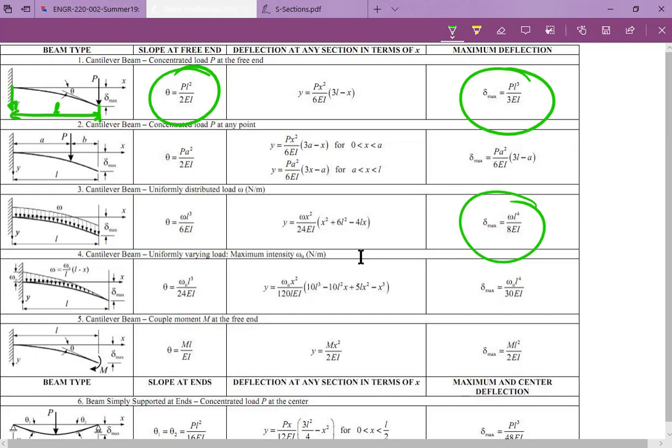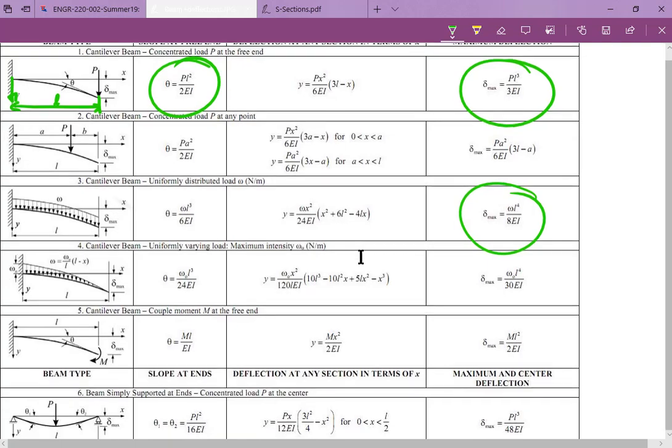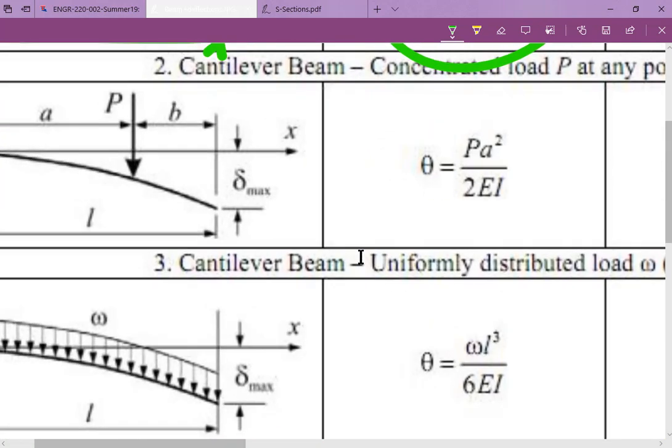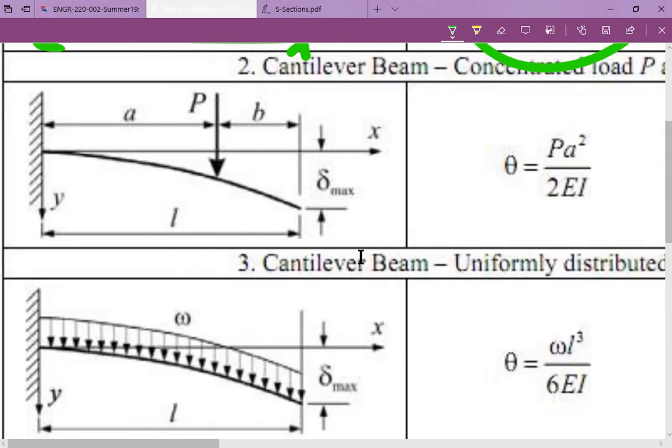You can see the PL cubed over 3EI is in there, but they have a little bit different, minus PA cubed over 6EI, so they have a little bit different version of how they got to that point. I don't know if you can tell. In fact, I think they drew it a little bit oddly. I don't know if I would call that straight or not, but this section is, we're assuming, linear, and this section is nonlinear, it's curved.